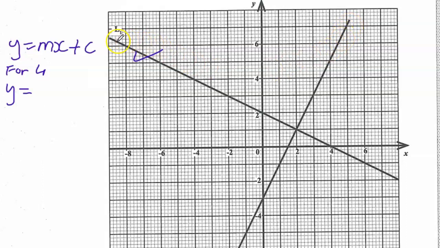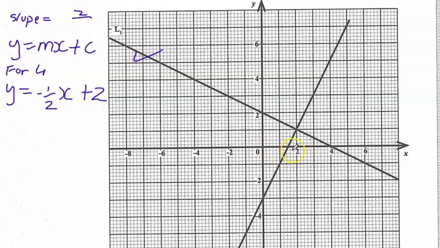But it falls as you move from left to right, the slope is falling, so it's negative a half x, and the constant is where the graph cuts the y-axis, which is 2. So the equation of this line is y equal negative half x plus 2. How to get the slope? The slope, or m, is the rise over the run. Notice we use the snaps of the graph. The rise is 2.